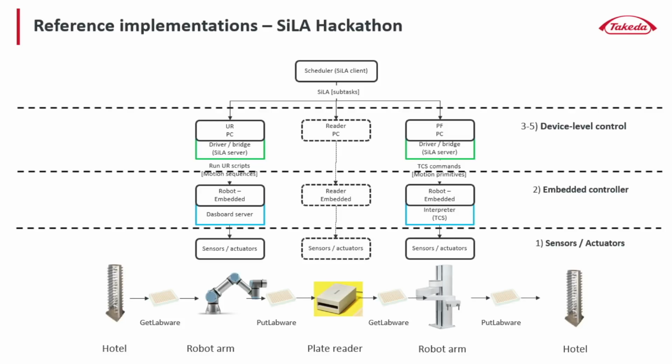So for the Universal Robot, we implemented the motion sequences on the embedded controller, and the bridge only triggered these motion sequences. Whereas for the PreciseFlex, the sequence was implemented on the device level control, and the motion primitives were triggered one by one on the embedded controller and only interpreted there.